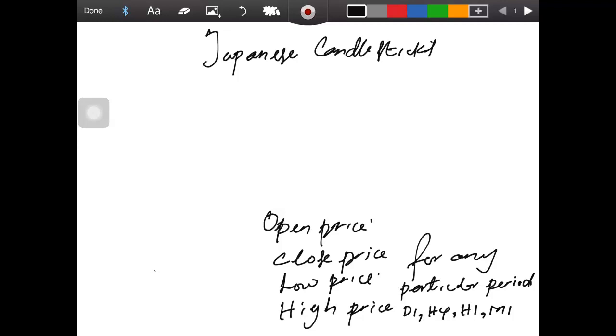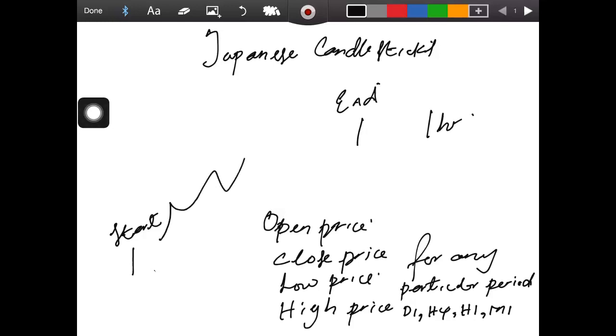And all we are simply saying is that, let's say this is our starting point, and this is our end point, and this interval from here to here is 1 hour, and price moved like this.